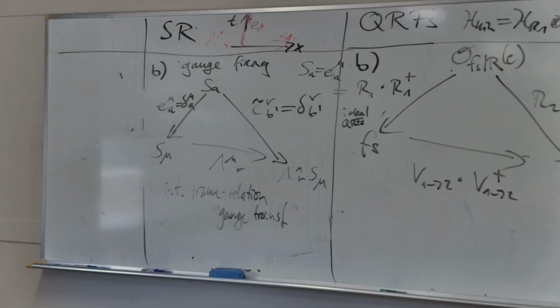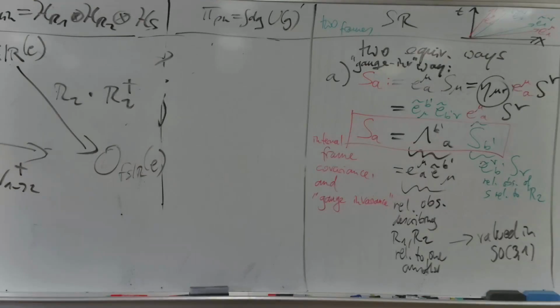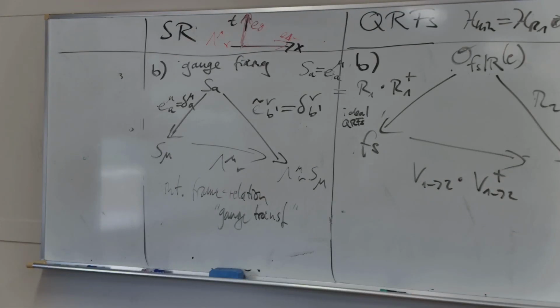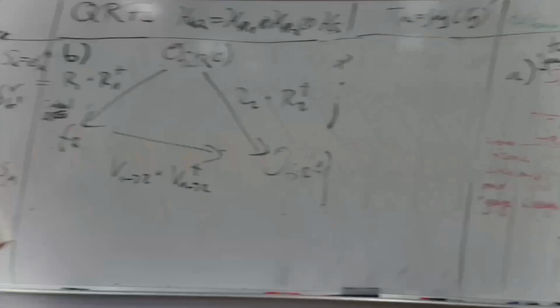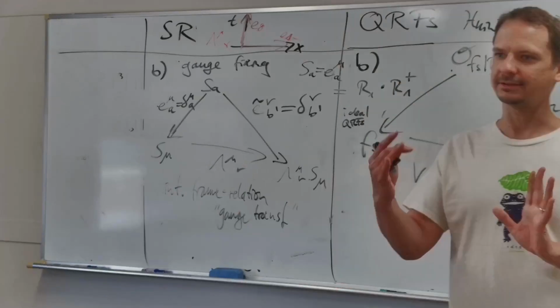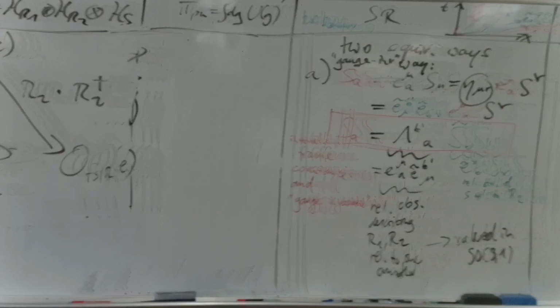Because here I'm taking one relational observable, and you can view this as a reorientation of the first reference frame by an amount given by the relation between the two reference frames. So what I want to check first is how a reorientation acts on these relational observables, and afterwards I will explain how you do it in such a way that it's given by an amount determined by the relation between the two reference frames.